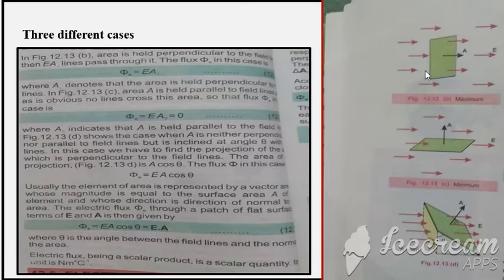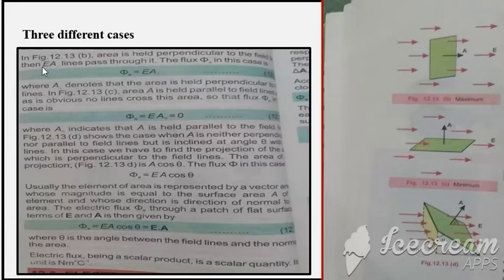In the first case, figure 12.13b, you can see that this area, the green portion, is held perpendicular to the direction of electric field lines. In this case, when the area is held perpendicular to the field, phi will become equal to EA. Flux is the product of electric field and area.